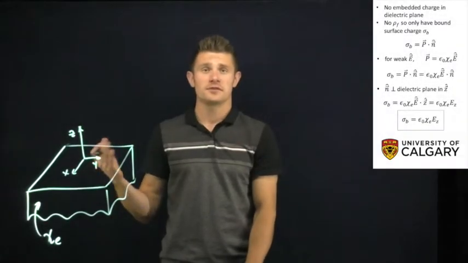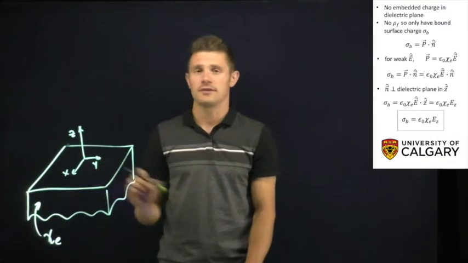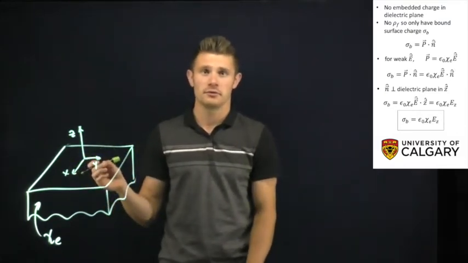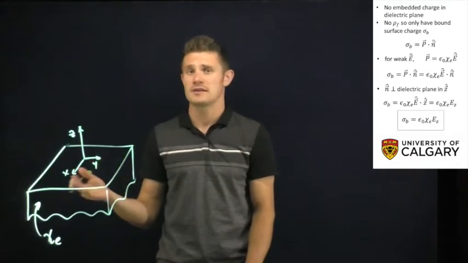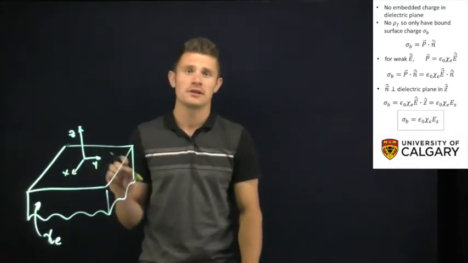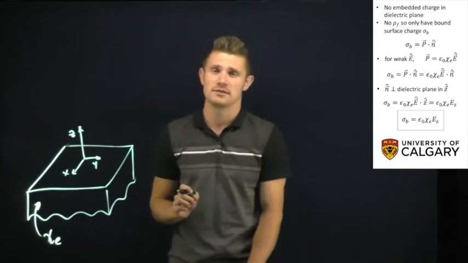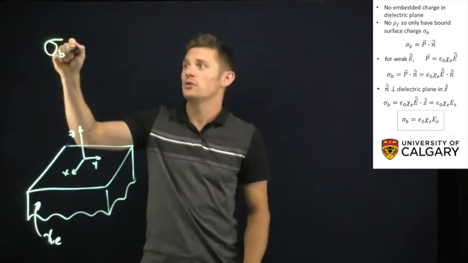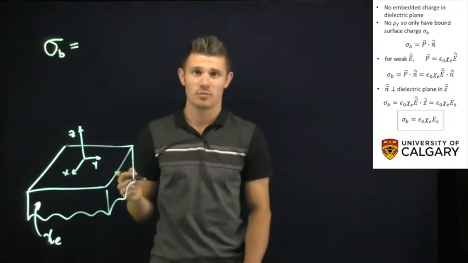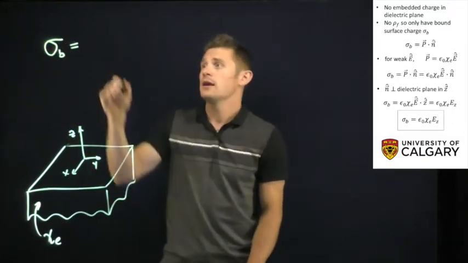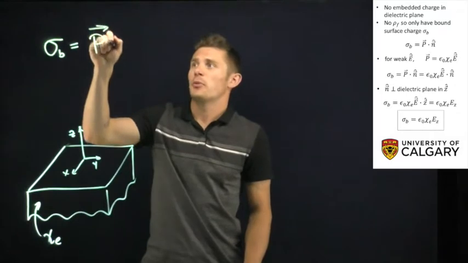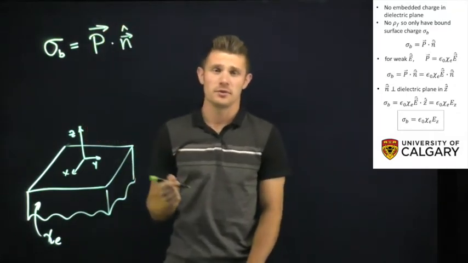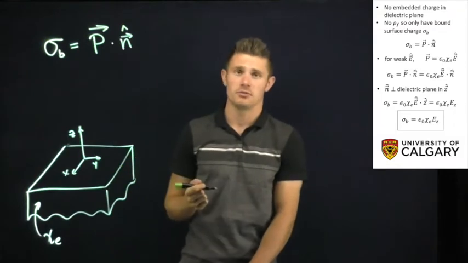So in order to start off the solution to this problem, we'll be looking directly at the dielectric material. We know that it's a uniform linear dielectric material with susceptibility chi sub e, and we'll put it only in the xy plane for z less than 0. Now, we know that the positive charge q will induce a surface charge sigma b on this dielectric plane, and this surface charge will be proportional to the polarization in the material and n hat, which is the unit vector pointing perpendicular to the dielectric material.